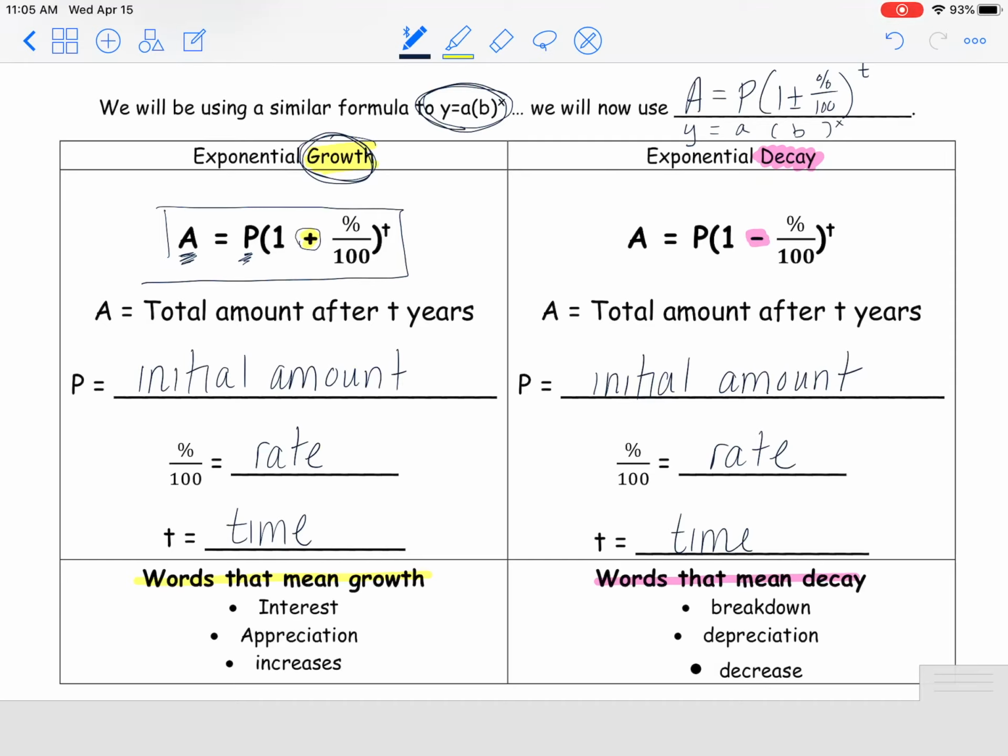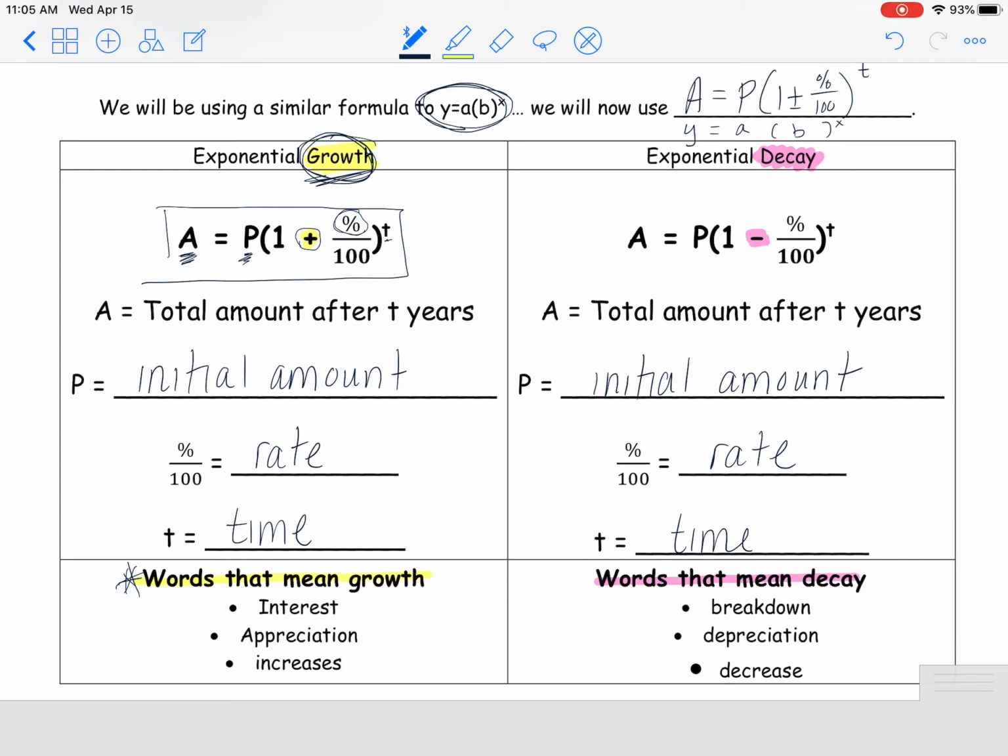This part here, you're always going to use a plus if it's growth. That's going to be really important. Now, in the word problem, they're going to tell you that it might be growing or decaying at a certain amount, so you'd put the percent over 100. So you'll take this percent out and put whatever it is, and then you'll raise it to, if it asks us to solve it, then you'll put a number in for the t. Now, it's just a couple of things down here because we're going to have to tell whether it is growth or decay.